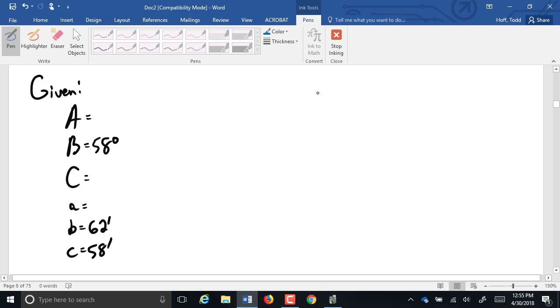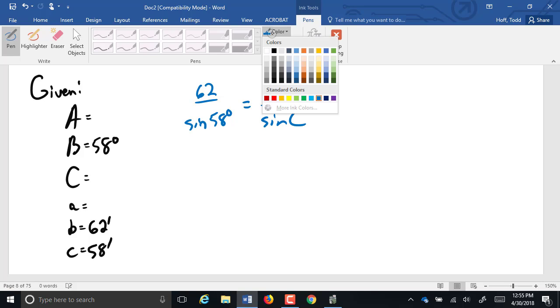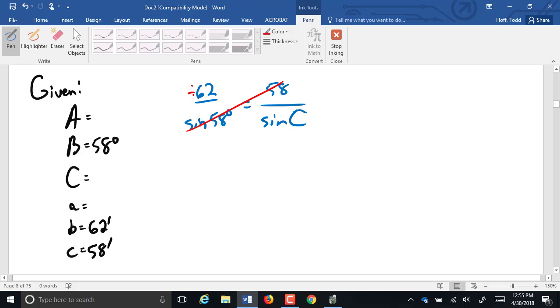So we're going to start out with 62 over the sine of 58 degrees equals 58 over the sine of big C. So we cross multiply and divide.